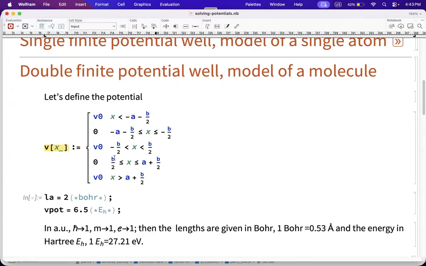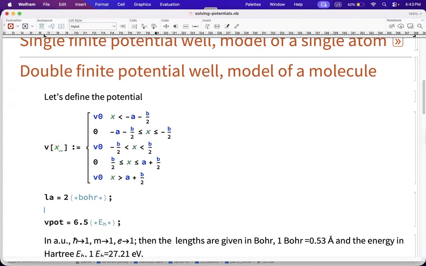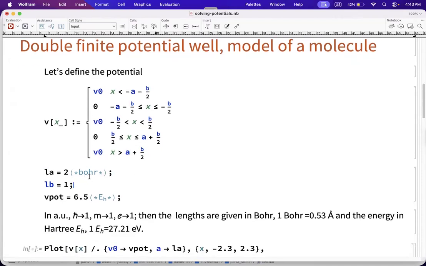And we are going to put LA to be two words and LB to be one word. I'm just adapting from this. I just have to say what B is. LB will take the value of the length of B. So Shift Enter here, Shift Enter here.